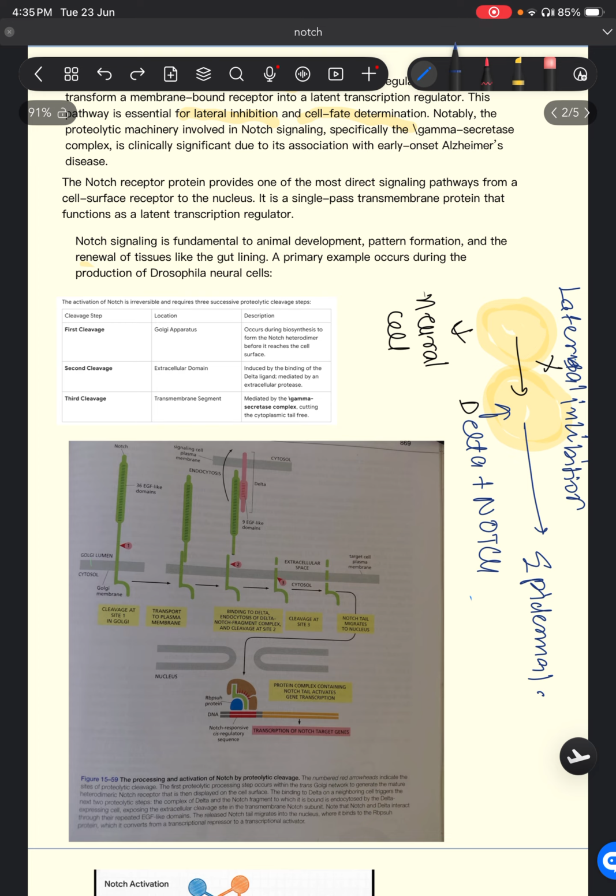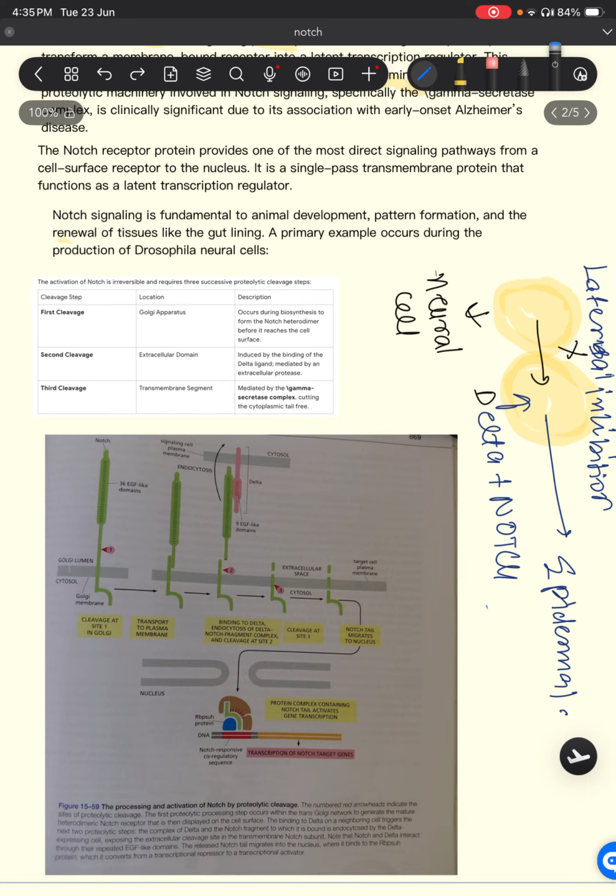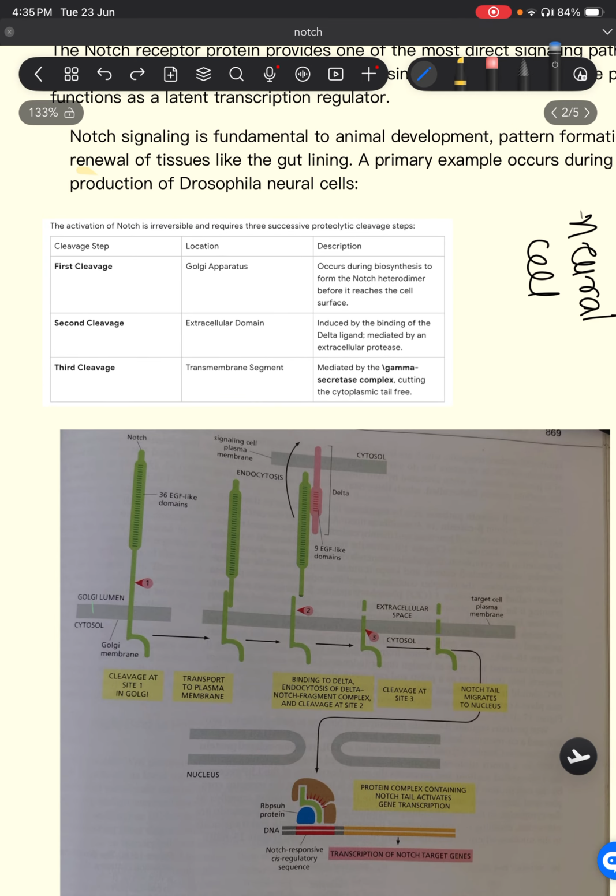It's very important that we understand that these are EGF-like domains, which are very important for the specific interaction. The first cleavage occurs in the Golgi apparatus, and all cleavages are proteolytic.